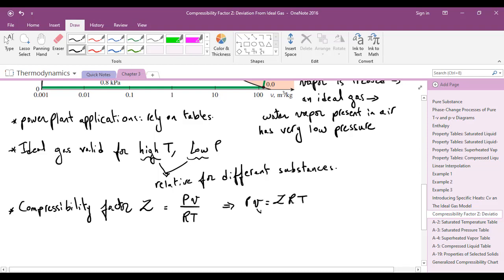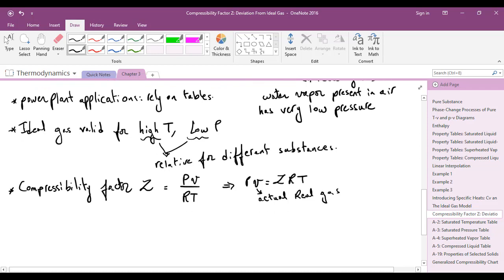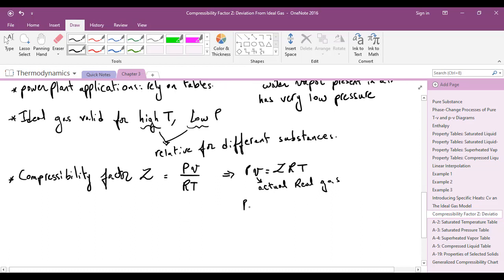So this is the actual specific volume for a real gas, not an ideal gas. However, we can always say that PV for an ideal gas is equal to RT.